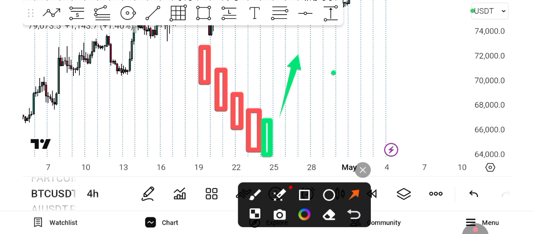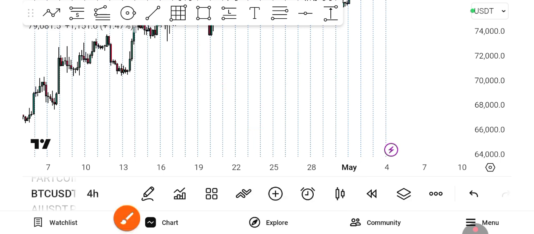So now let's look at the dark cloud cover. So now what is the dark cloud cover? The dark cloud cover is a bearish candlestick pattern. That is the first thing you should know. The second is that it must be found at the top for it to be useful to us.